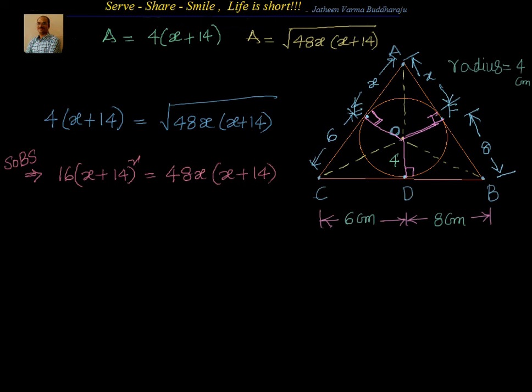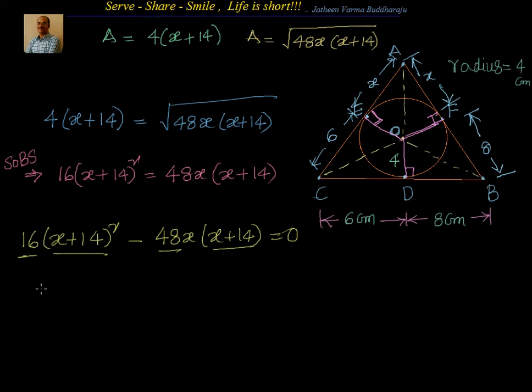Let me simplify this by taking everything to the left hand side. So I will have 16 into (x plus 14) whole square minus 48x into x plus 14 is equal to 0. Now I can take x plus 14 common, and I can take 16 common.